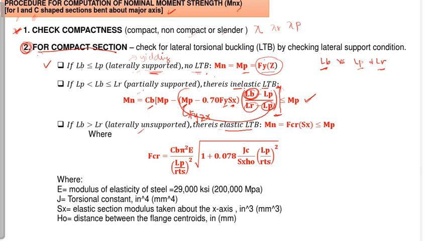I-multiply muna natin itong equation. So, dyan karamihan nagkakamali. Nina-minus agad nila ito. So, i-multiply muna natin itong equation and close by this parenthesis bago natin siya i-subtract dito sa Mp. Okay? And our value for Mn should not exceed our Mp.